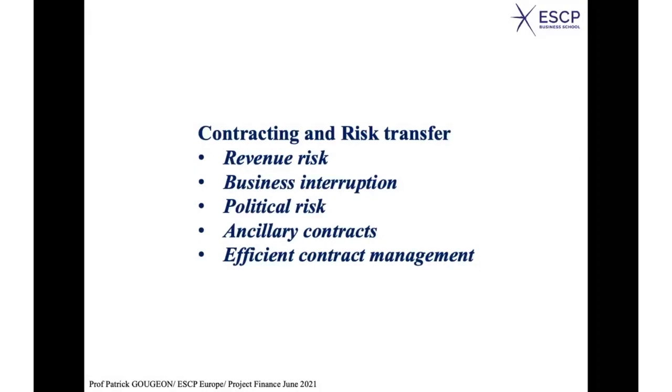The type of contract that can be fixed to guarantee the revenue can also be used to a certain extent to guarantee a certain cost of supply. I will say a few words about business interruption, because it is a very important issue for project finance. What if the project is interrupted during a period of time? It may create huge difficulties for the payment of the huge debt service.